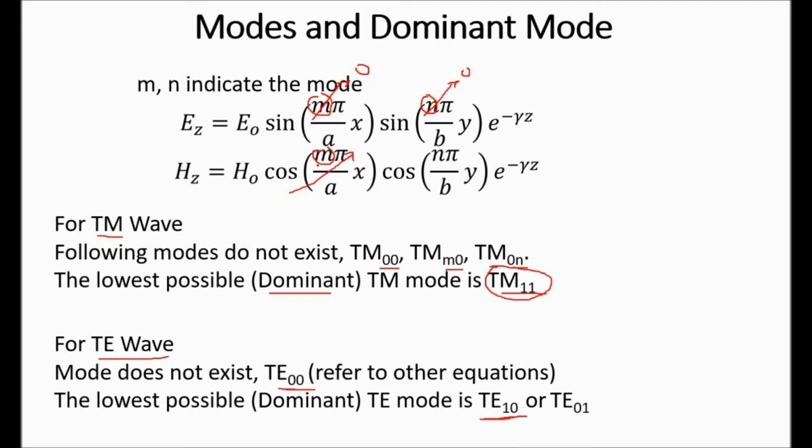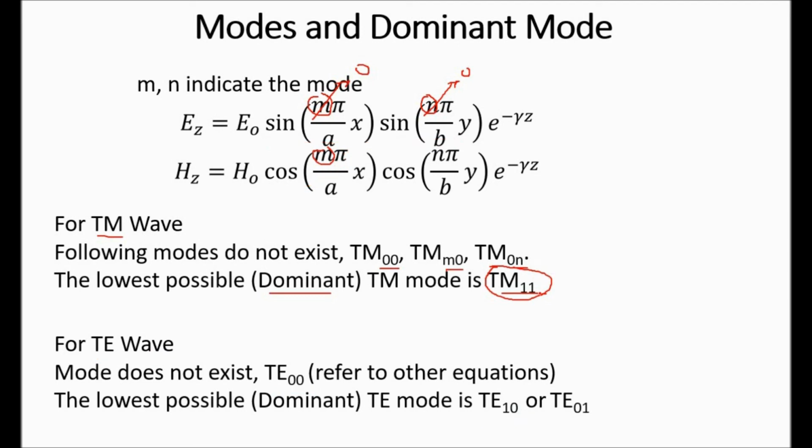If you put m equal to 0, then sin 0 will be 0, so Ez becomes 0. Or if you put n equal to 0, you also get Ez equal to 0. Or if both m and n are 0, you also get Ez equal to 0. So the equations become invalid for 0 0. That's why for TM, the lowest mode has m and n as low as 1, not 0. So the lowest value is 1 1 for TM mode.